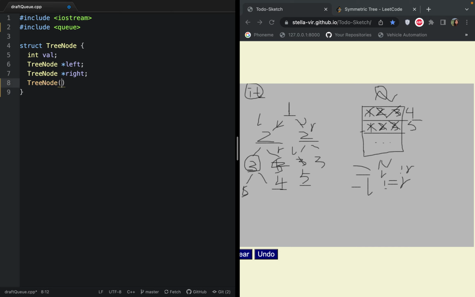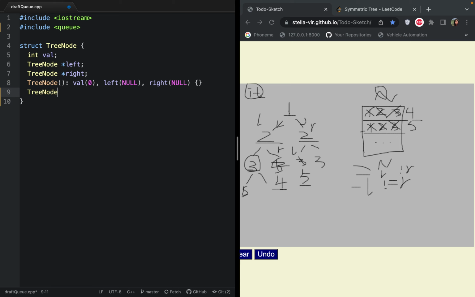And a constructor where there's no value in there, so the defaults would be 0 if there's no value, and the left would just be null, and right would be null too.